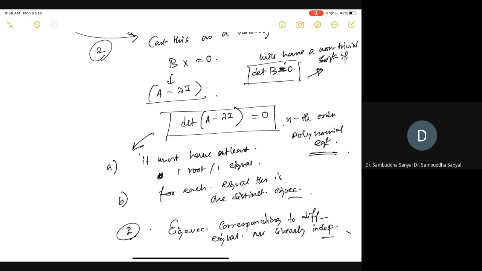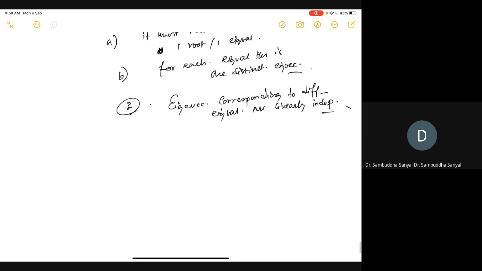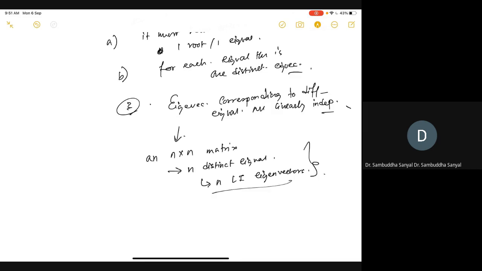This is a theorem which you can prove very simply, and in the spirit of this set of lectures, I am not going to prove that. A very simple and interesting consequence is that an n by n matrix with n distinct eigenvalues, no degeneracy, will have n linearly independent eigenvectors, which can serve as a basis of that vector space, because they span that vector space that we already know.